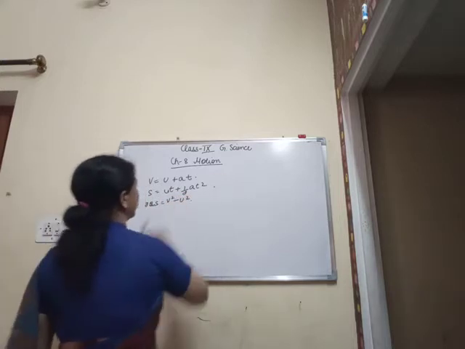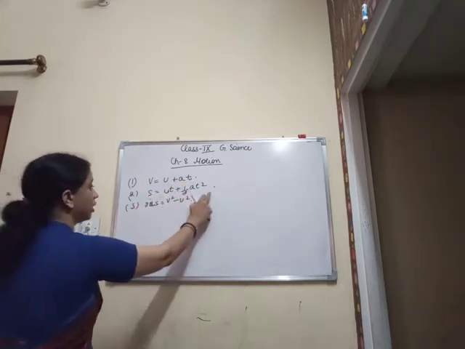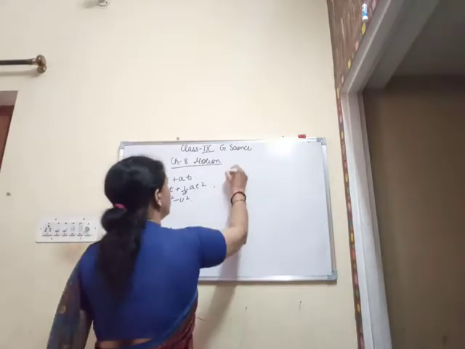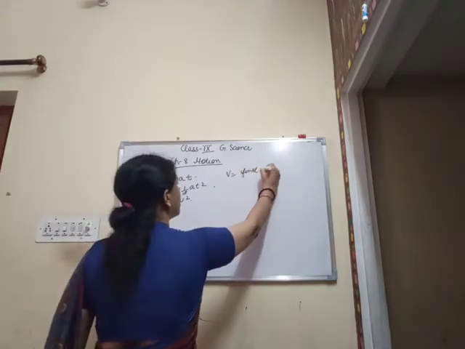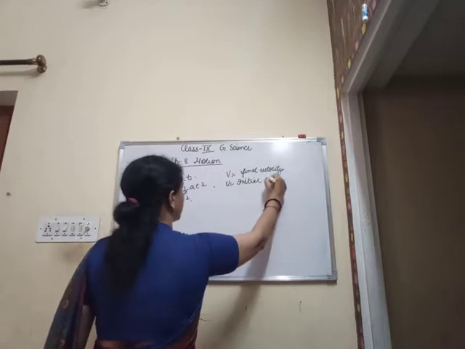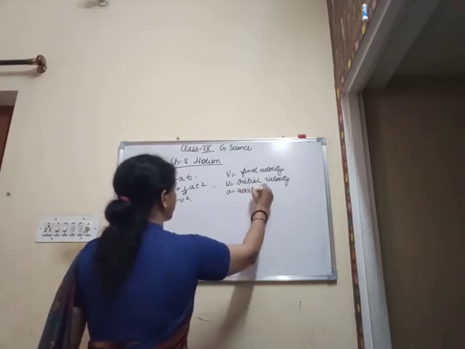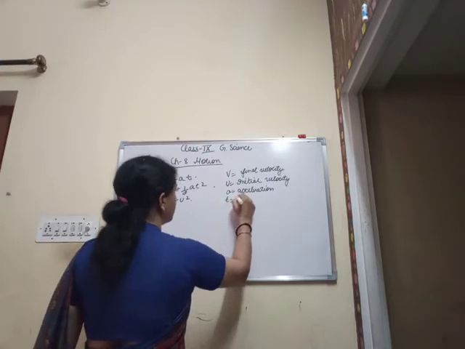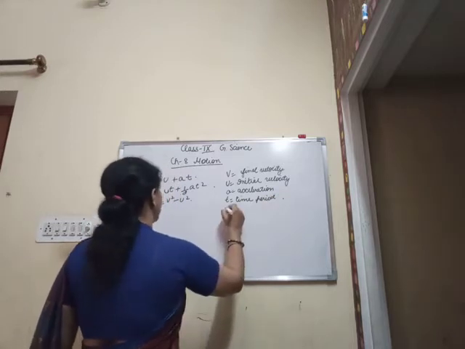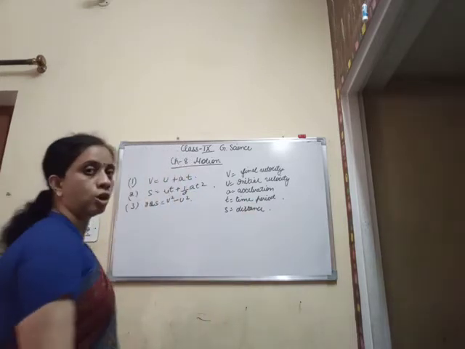So here these are the three equations of motion. The very first equation of motion is v is equals to u plus at, second is s is equals to ut plus half at square, and the third equation of motion is 2as is equals to v square minus u square, where v is equals to final velocity of the object, u is equals to initial velocity of the object, and a is equals to acceleration of the object, t is equals to the time period for a given motion, then s is equals to the distance covered by the object in a given period of time.